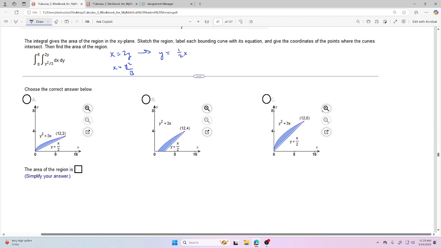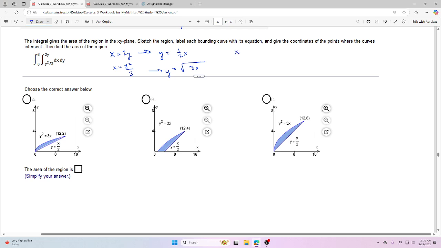And then this guy here, it looks like an 8 now. Wouldn't that be 3x to the 1/2 power? To the 1/2 power. Is that correct? Cool.